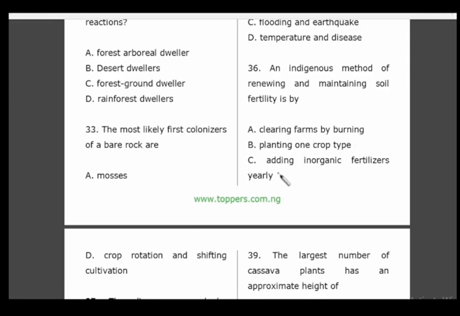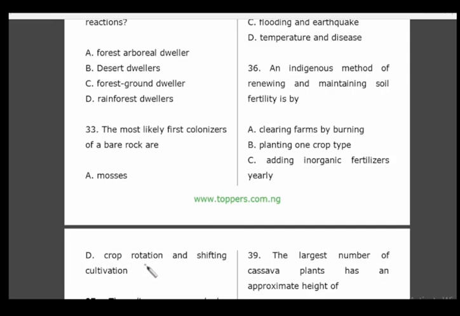And then C there says adding inorganic fertilizers yearly. Now this is not an indigenous system because adding fertilizers is a modern way of improving the fertility of the soil. The answer to our question is crop rotation and shifting cultivation.